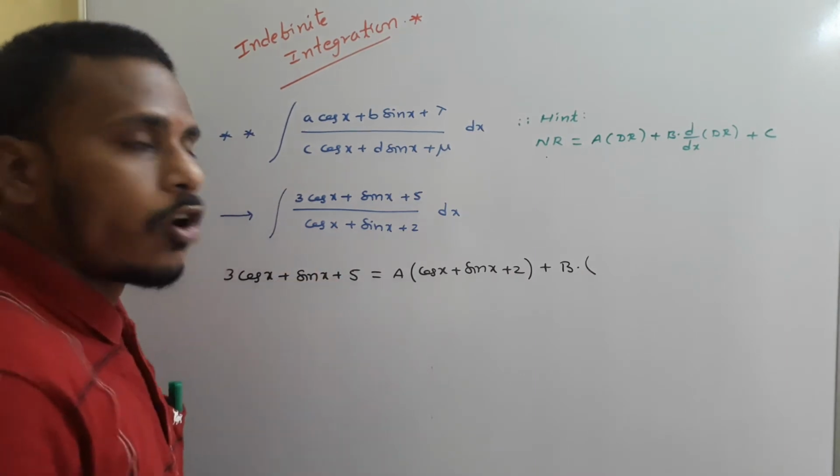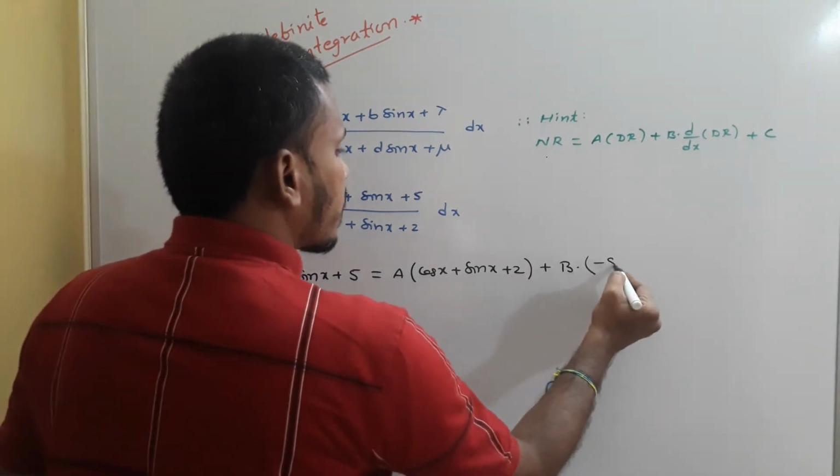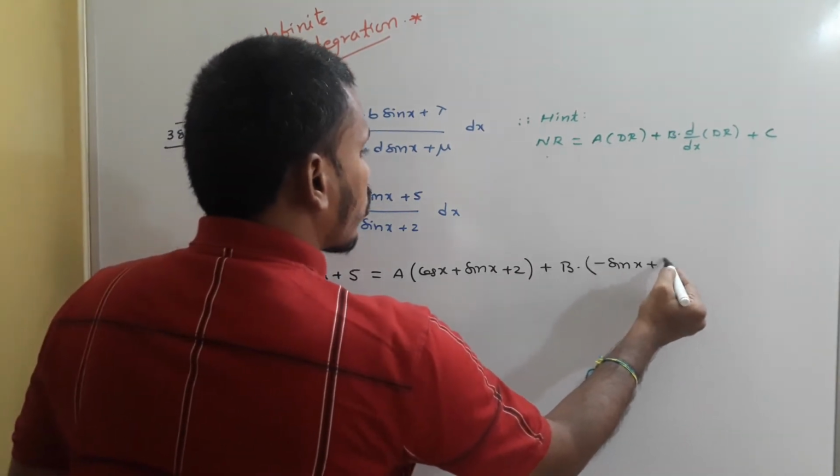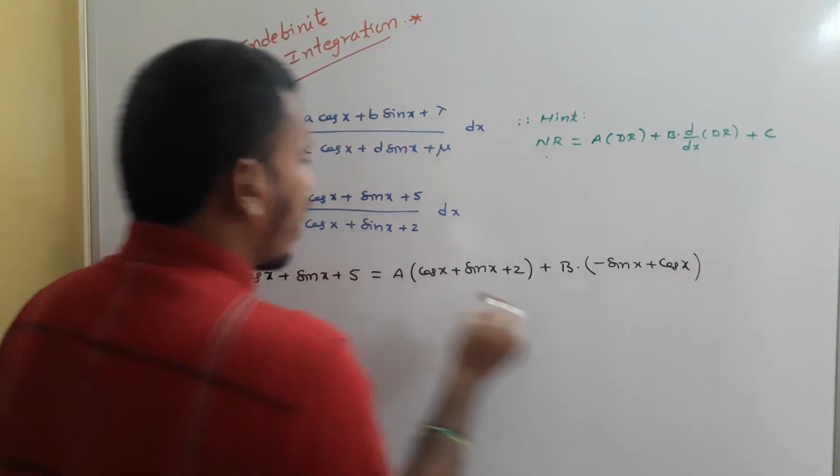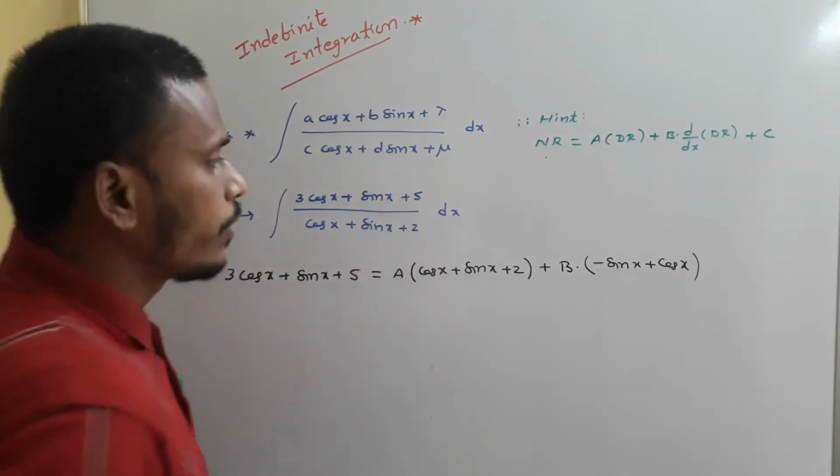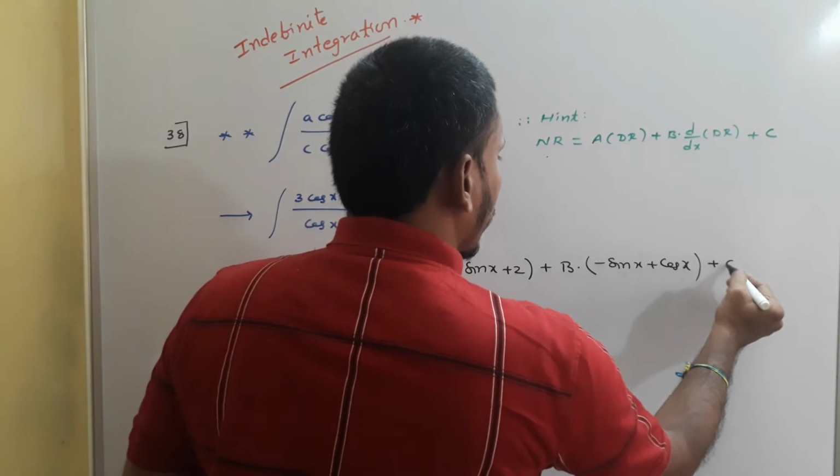So d by dx of cos x is minus sin x, whereas d by dx of sin x is cos x, and for 2 its derivative is 0, plus some constant c.